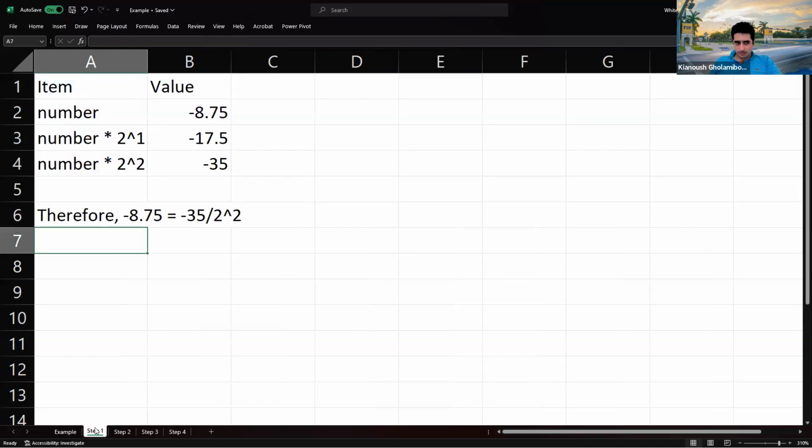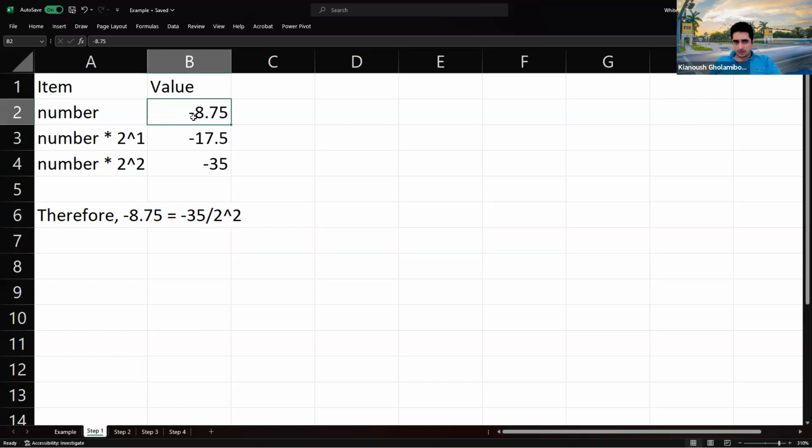Let's jump to the first step. In the first step, I'm going to keep multiplying the given number, which was negative 8.75, by 2 until I reach a whole number. In this case, I will definitely reach a whole number, or sometimes, if you don't, then until you reach the proper precision.